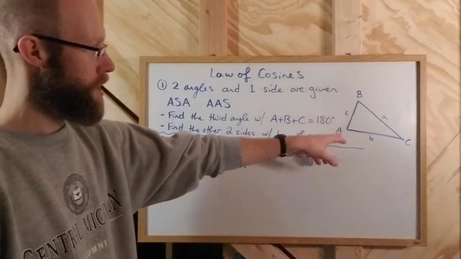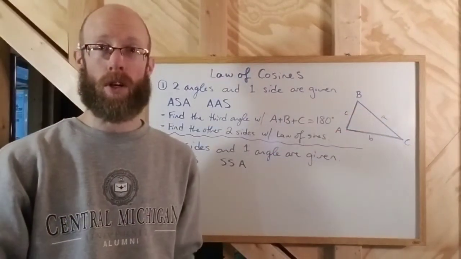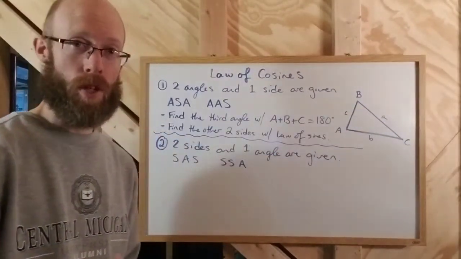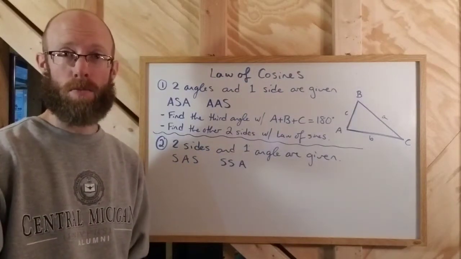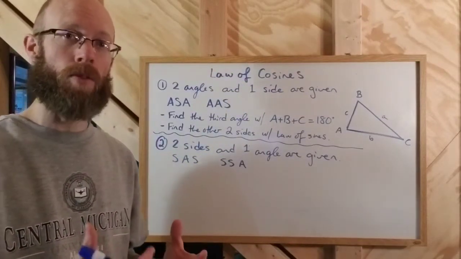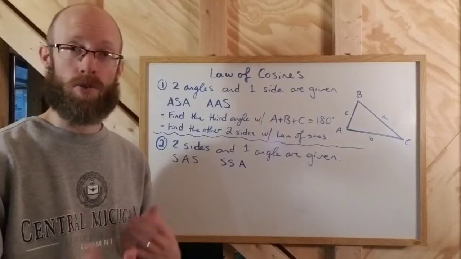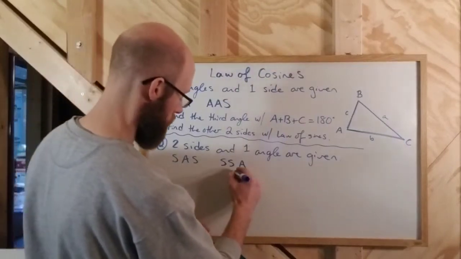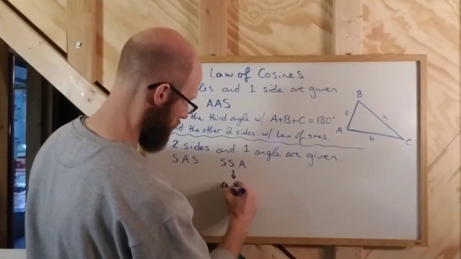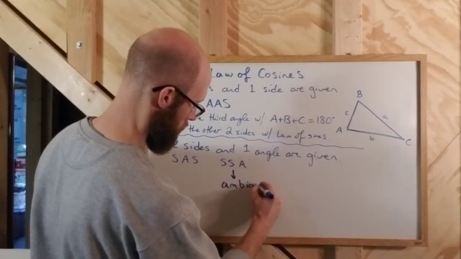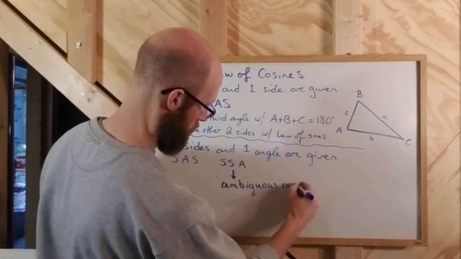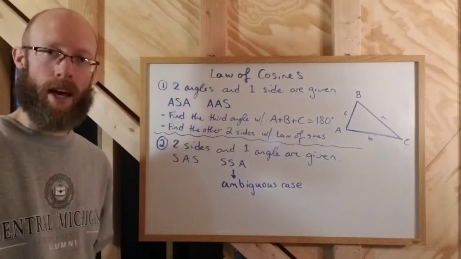Sometimes we call it the angle side, although we don't like to use that abbreviation very much. And so that's what we call the ambiguous case, where you could have a variety of possible triangles depending upon how those values were given. So this one is the ambiguous case. I'll talk about that in a moment.